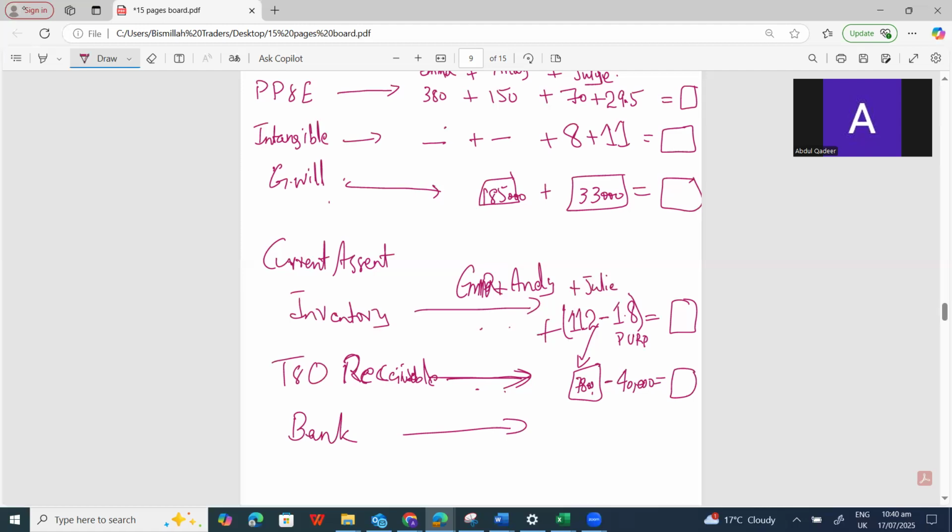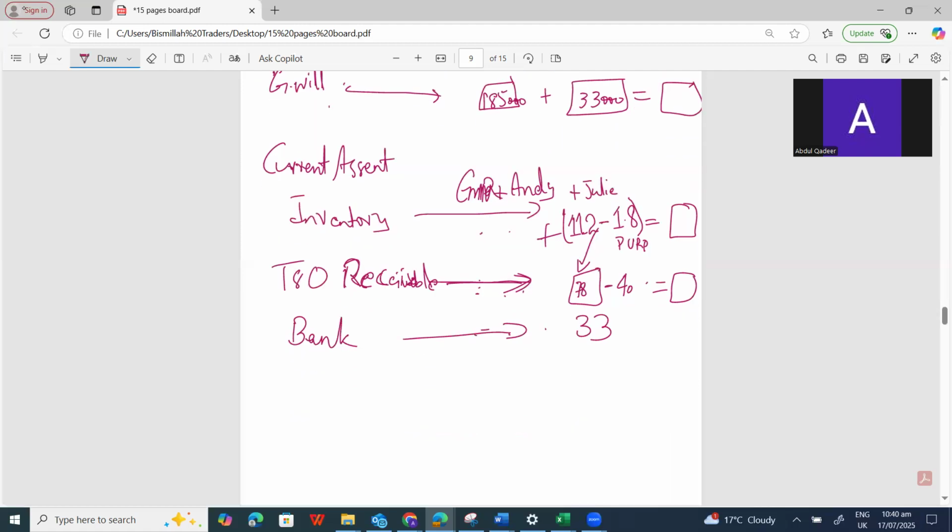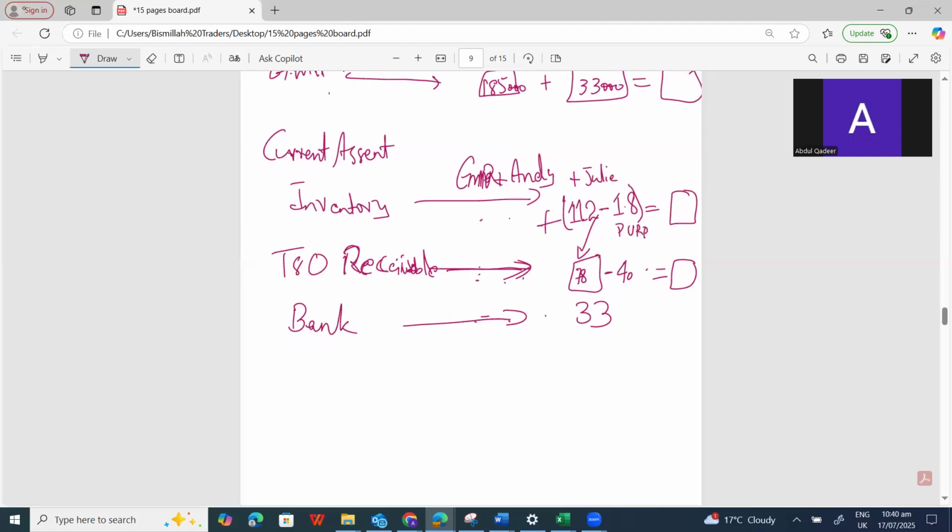As we are showing thousand figures above, we are not going to write any thousand with our figures. So 78 total receivable, then 33 bank, and we have to add MO plus ND. This is your task. You have to complete it.